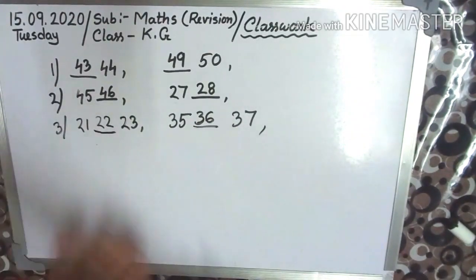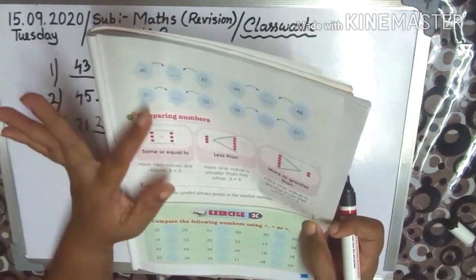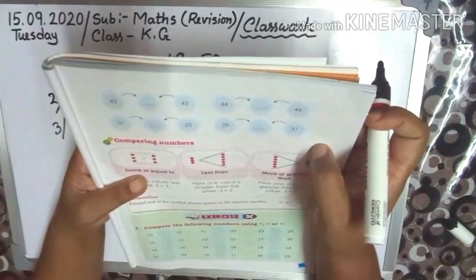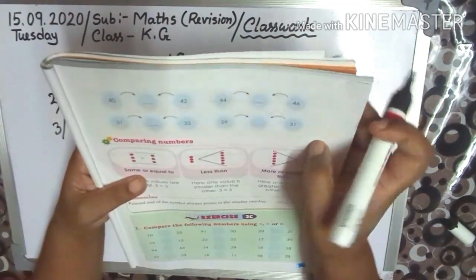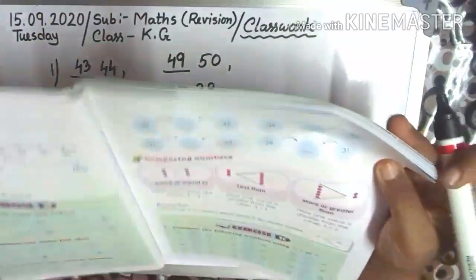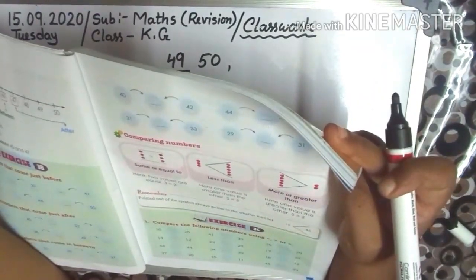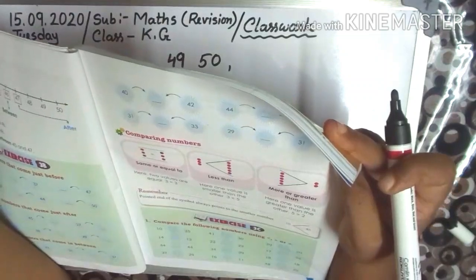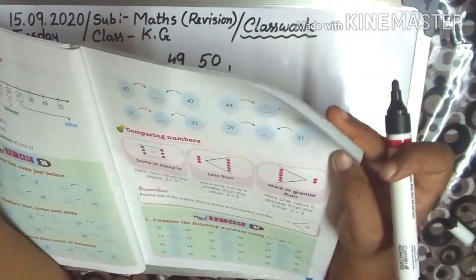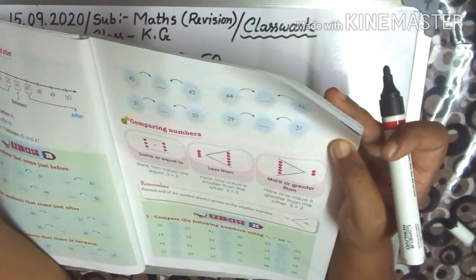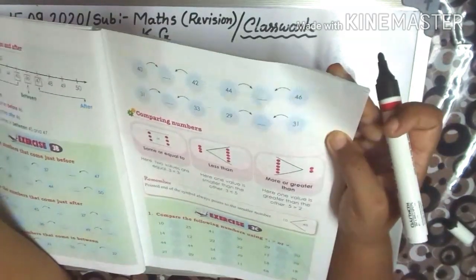So practice children. Okay, you see 40 dash 42. So 41. 41 comes in between 40 and 42. Next, 43 comes in between 44, 46.